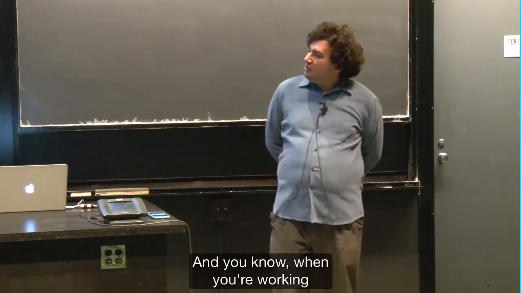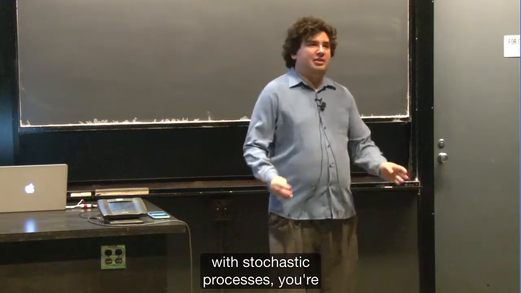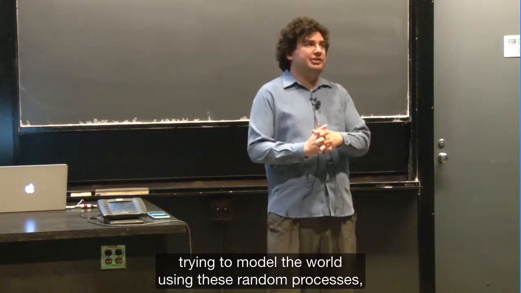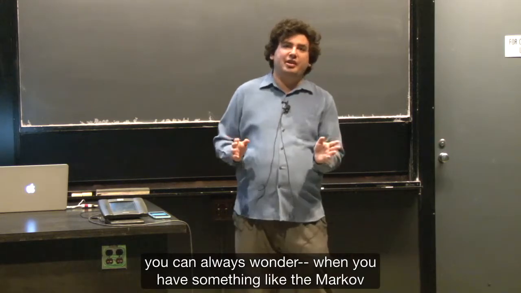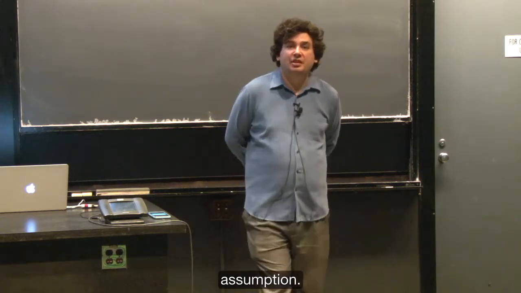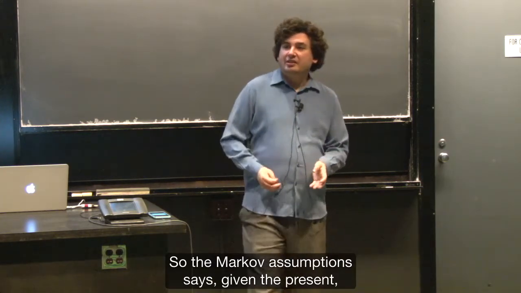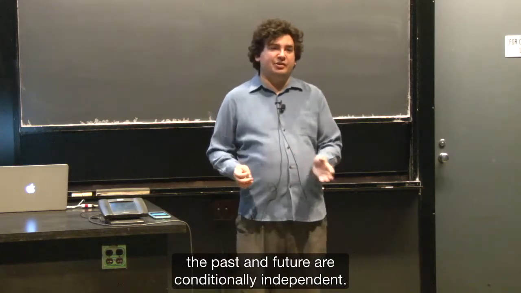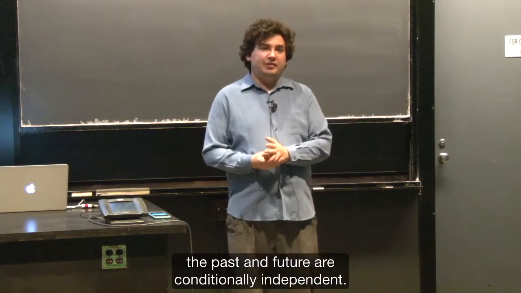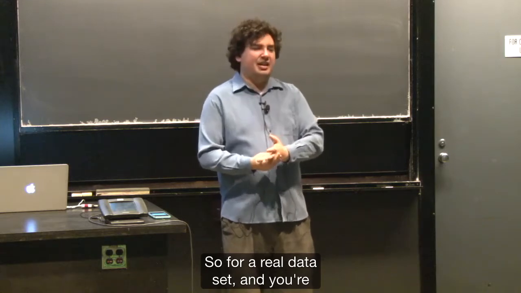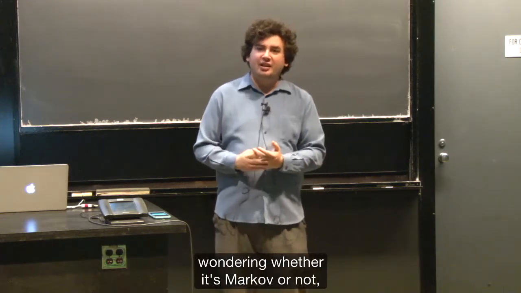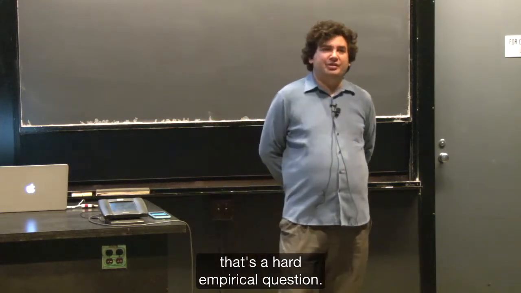When you're working with stochastic processes, you're trying to model the world using these random processes. You can always wonder, when you have something like the Markov assumption, which says, given the present, the past and future are conditionally independent, for a real data set, whether it's Markov or not. That's a hard empirical question.